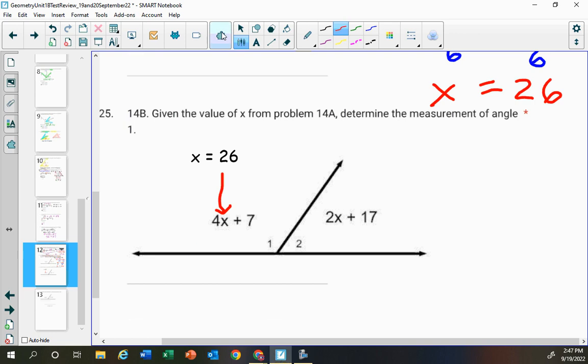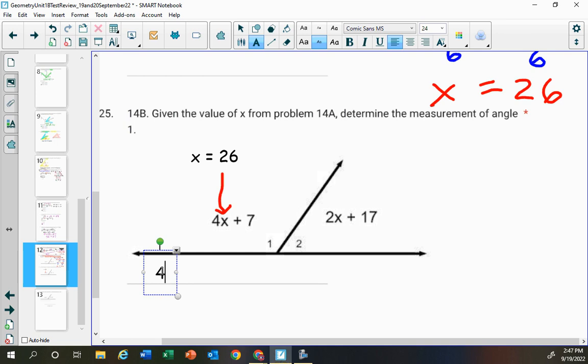Then it's just 4 times 26 plus 7. Well, what's 4 times 26? I'll figure that real quick. 104 plus 7.